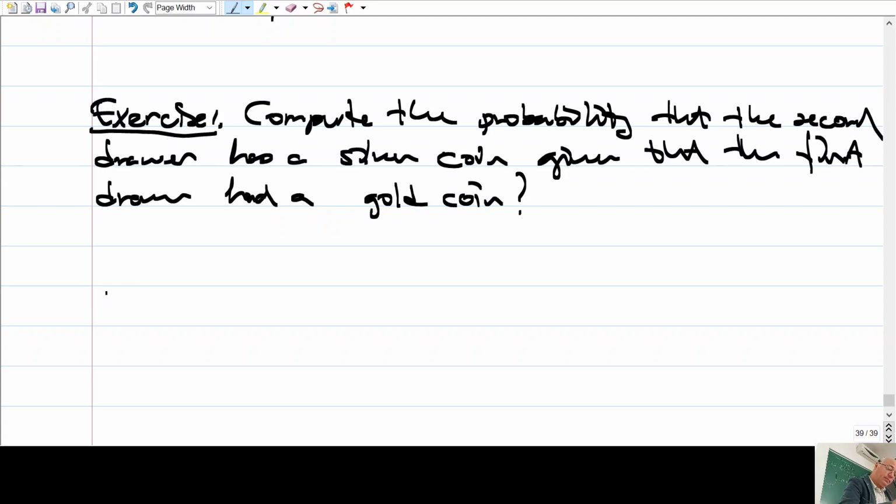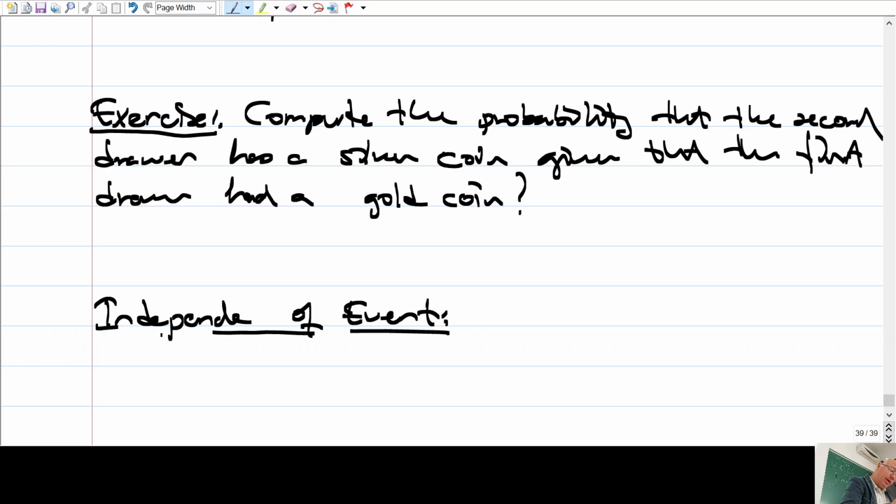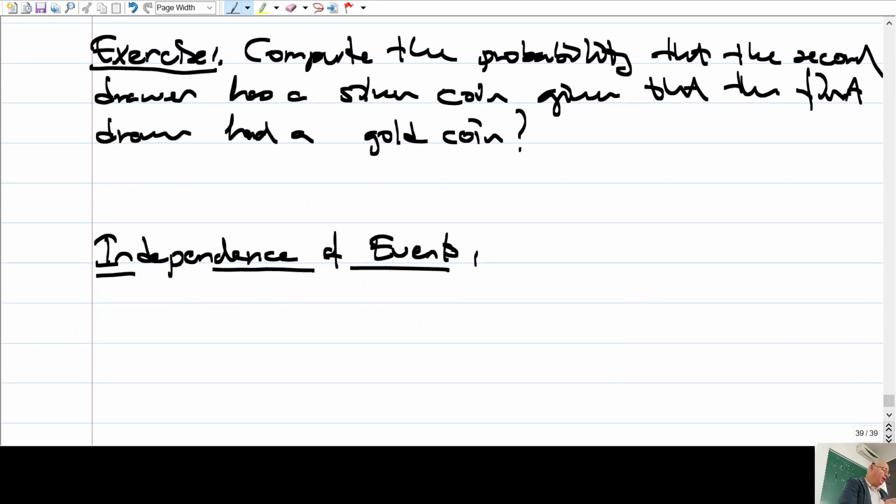Now let us start a new concept. Independence of events. So when do we call two events independent? Here is the definition.